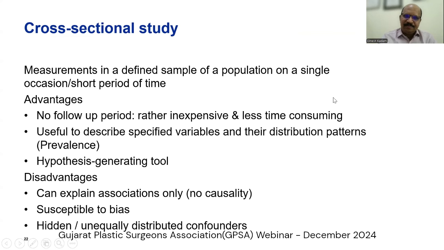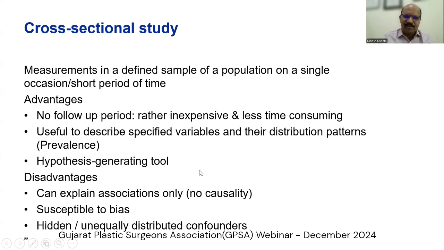Cross-sectional studies again define a population on a single occasion. There is no follow-up. It's neither prospective nor retrospective. It basically generates hypotheses, and we can describe one or two variables. But the disadvantage is there is no cause and effect relationship here.